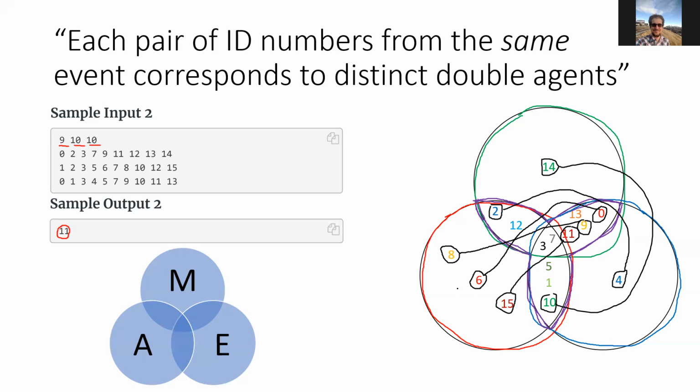Now, this is possible as long as the purple group is the biggest. So if we started adding some more ID numbers to the red group, then, for example, this 16 we could match up with the 13, but the 17 we can't match up with anything else, because all of the other colors that are outside of the red group are already matched up with something inside of the red group.